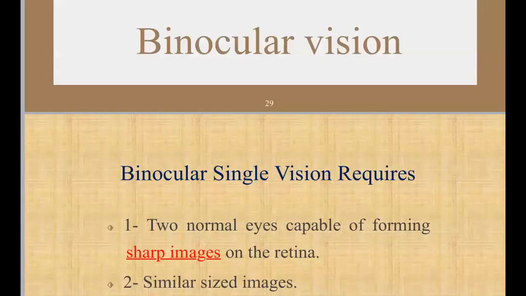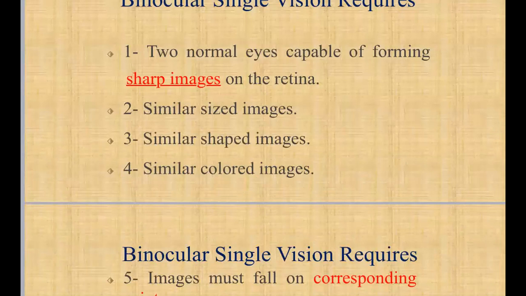This is a requirement for having binocular single vision in normal circumstances. But in cases of strabismus, abnormal or anomalous retinal correspondence may retain some binocularity. So this is important. Here are the requirements: sharp images, similar size, similar shape, and similar color.